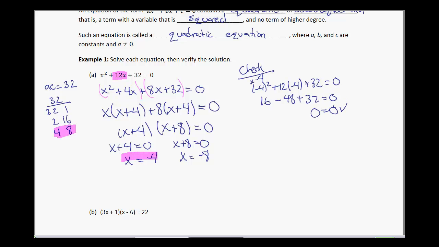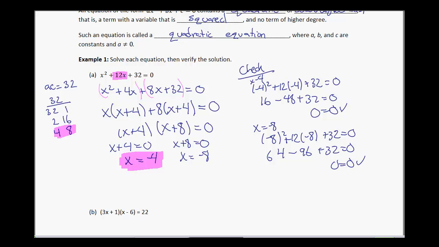So that means that x equals negative 4 is a verified solution. Now x equals negative 8. We have negative 8 squared plus 12 times negative 8 plus 32 equals 0. 64 minus 96 plus 32 equals 0. And 0 does equal 0. So x equals negative 8 is also a verified solution.